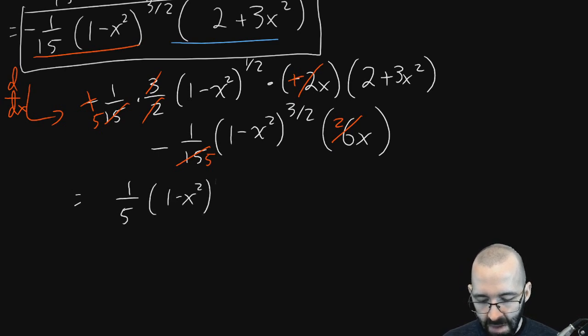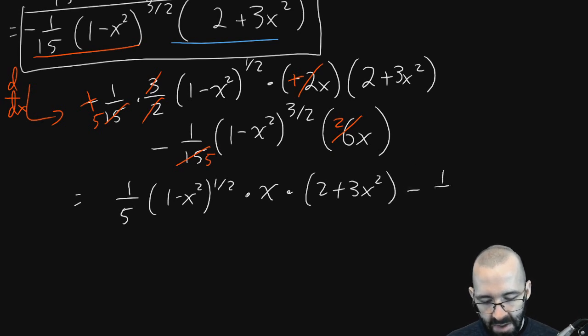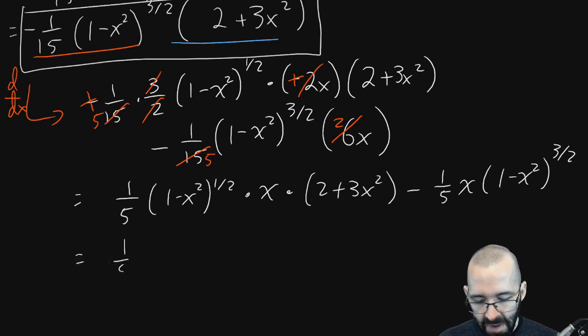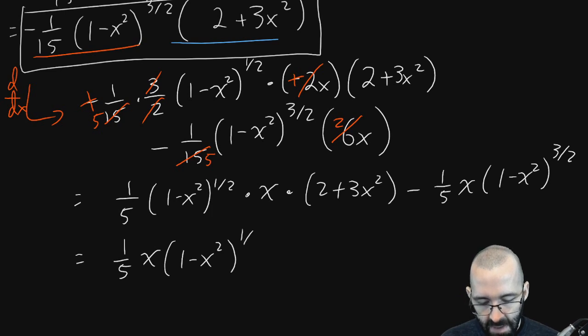1 minus x squared, square root of that, times x, times 2 plus 3x squared. Might have to do something with that. Minus just 1/5 x times 1 minus x squared to the 3/2. Let's factor out a 1/5 x times 1 minus x squared to the 1/2.